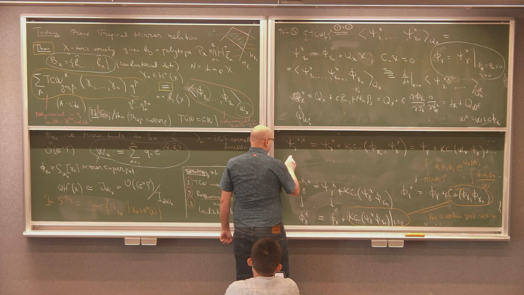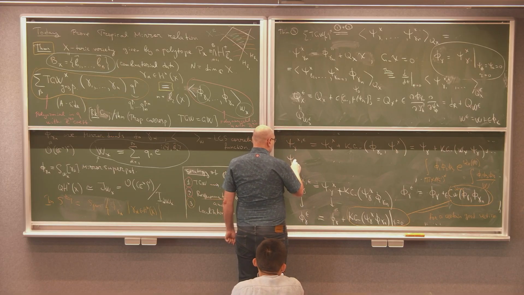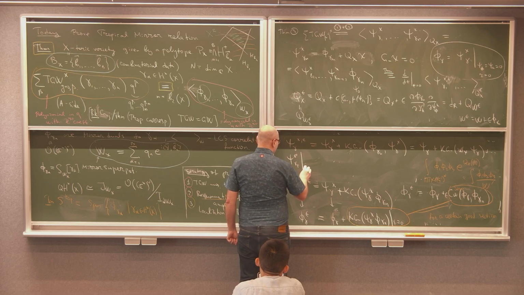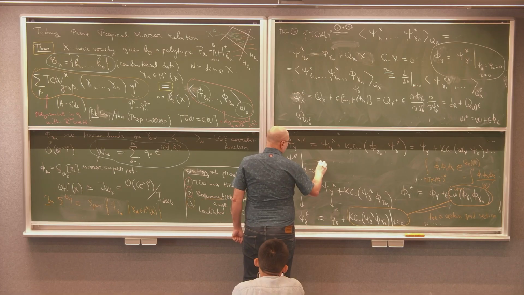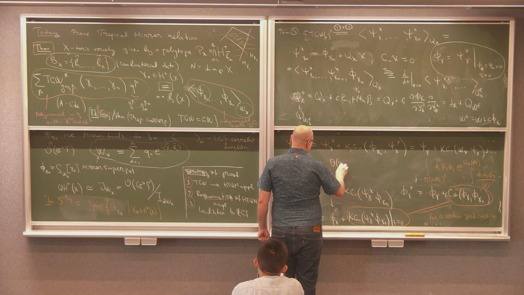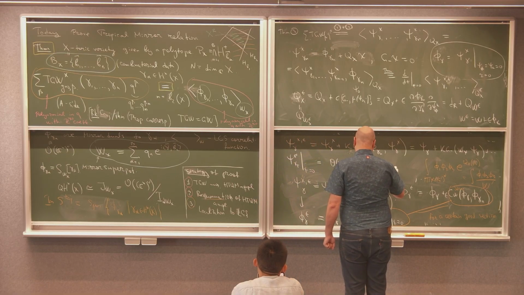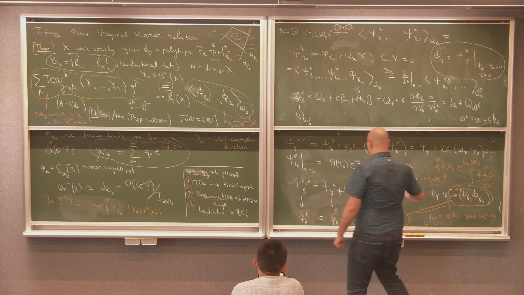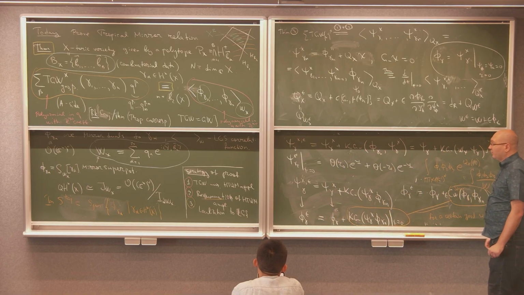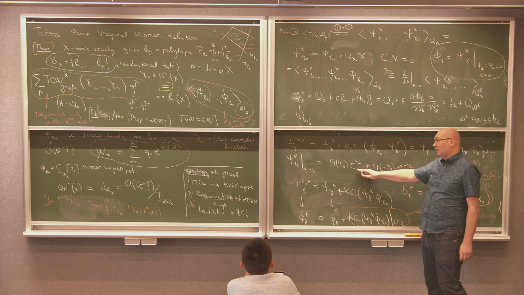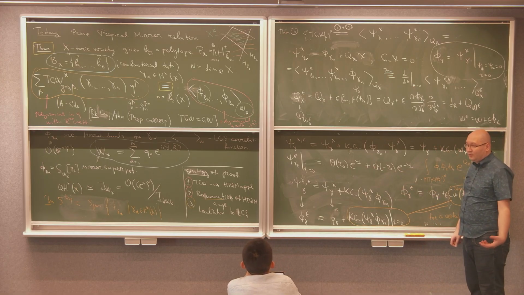So what you would get is psi gamma point 21 localized, that would be theta function of R0 times e to the y plus theta function of minus R0 times e to the minus y. So now you have a family of representatives.